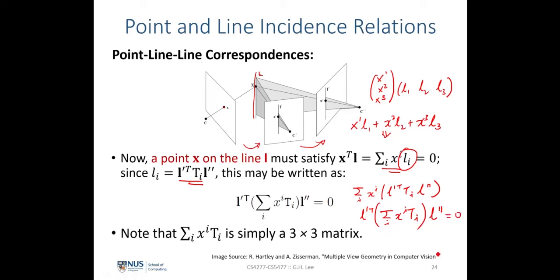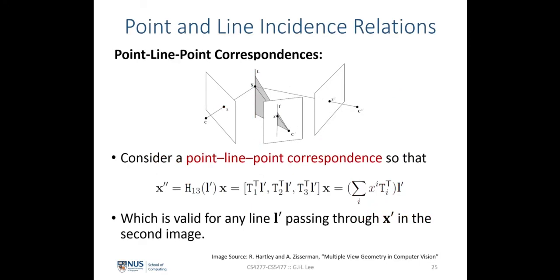Hence, we have derived the incidence relation of a point-line correspondence, which is free from any unknown scale or other unknown parameters. The only unknowns are the entries in the trifocal tensor, while the correspondences are what we observe from the respective images. More precisely, this is a point-line-line correspondence.